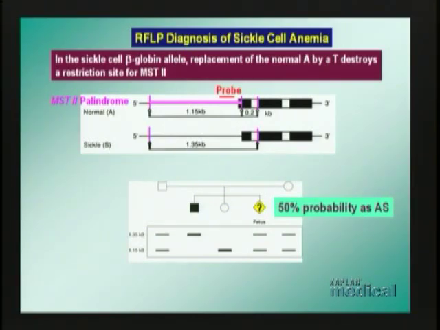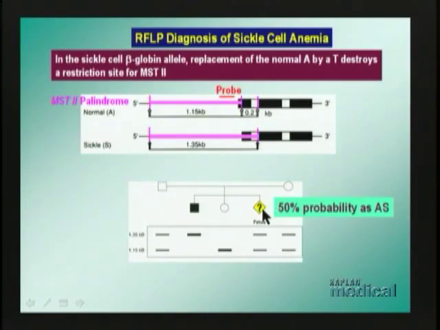Whereas that same probe, if it's added to a sickle fragments, that probe will see a fragment size of 1.35 kb in size, as shown here. This large fragment of 1.35 kb in size is indicative of a fragment coming from a sickle allele for beta globin.